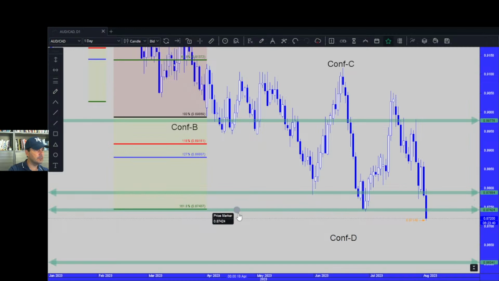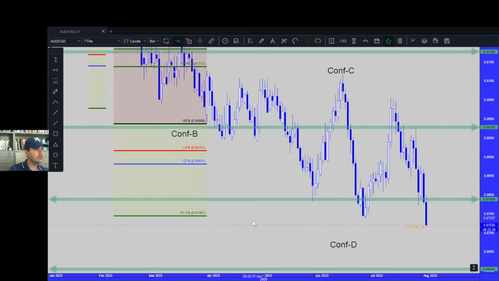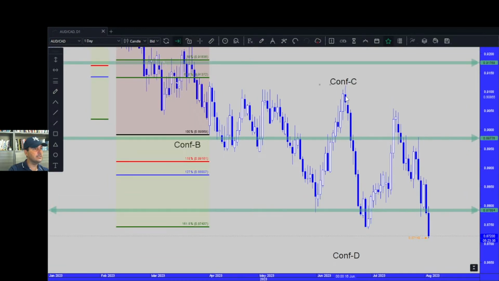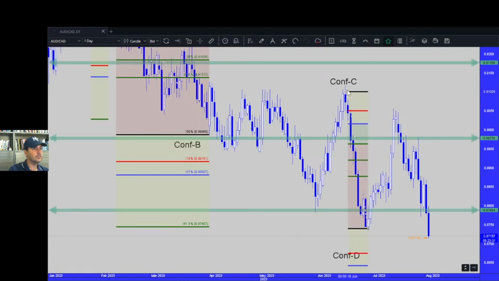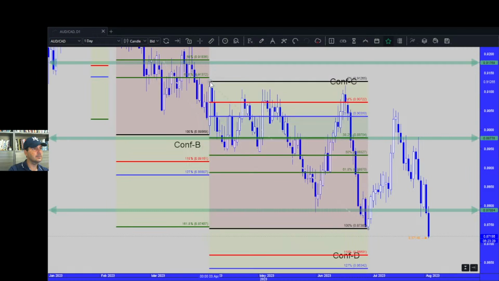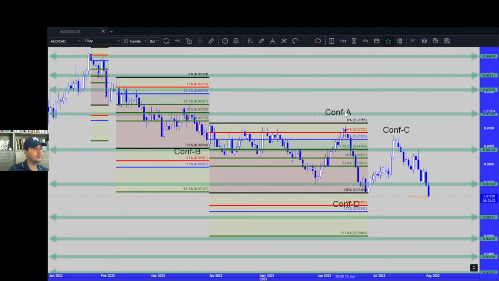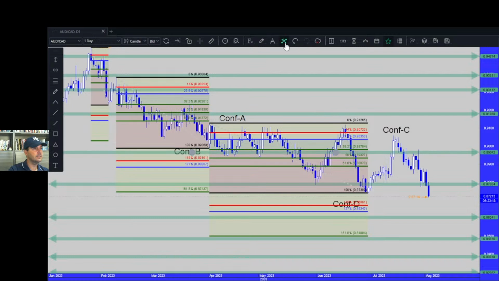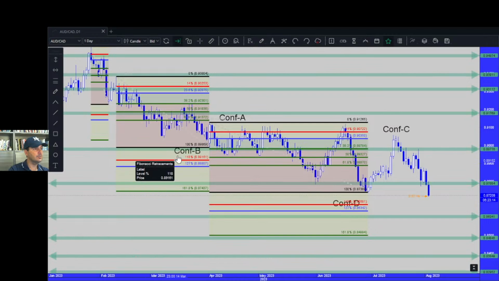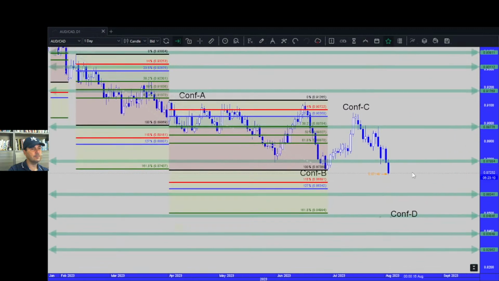Did the market, oh, hit already. So this was the C and this was our last. Confirmation A, confirmation Fibonacci, back, okay. We don't need to mess with the confirmation B, confirmation D is down in here.